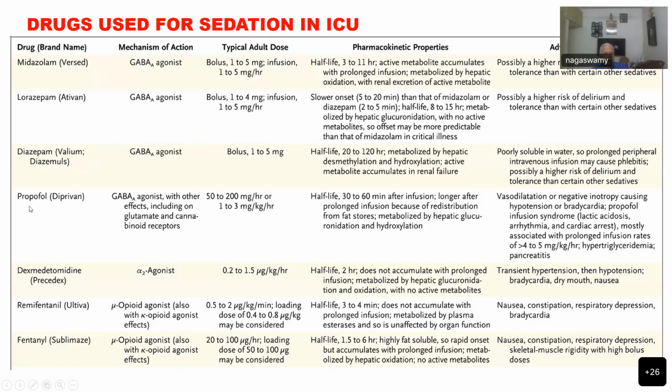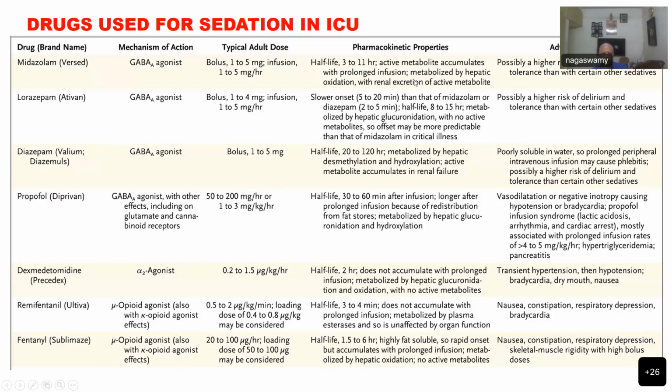Then coming to the next drug, propofol. This is also a GABA A agonist, with other effects including on glutamate and cannabinoid receptors. It can be started at a dose of 50 to 200 milligram per hour or 1 to 2 milligram per kg per hour. This is the adult dose.